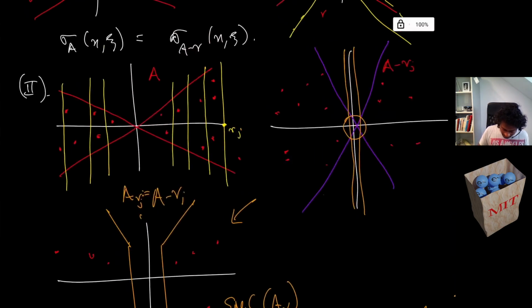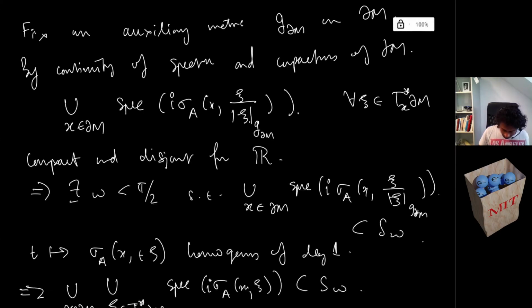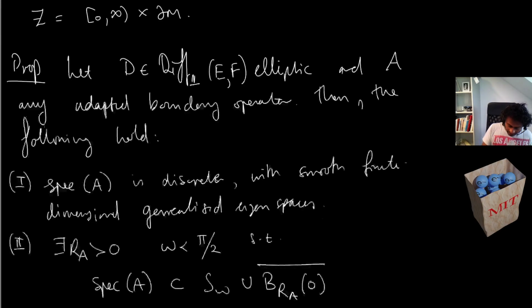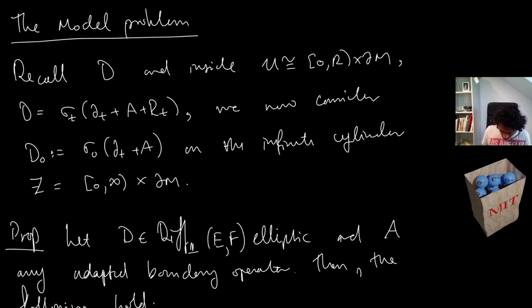Remember we had the operator of this form. Given some adapted boundary operator, we can obtain the operator in the form that we wrote originally. If we choose an adapted operator A and find that it's not of the type that we want, we can subtract off a constant and the constant gets absorbed into this term RT.